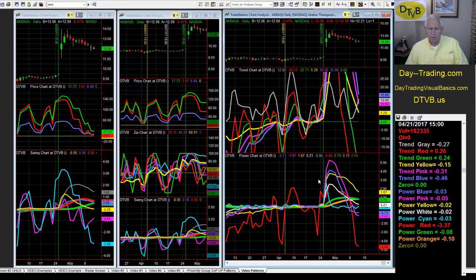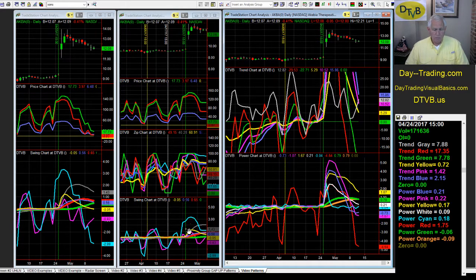So the location, the height of power red being at 1.75 at the same time the crossover occurred is key. Even though we didn't have a crossover in the power red, if the power red ended up at 0.2 instead of minus 0.2, we'd still end up with the same results, and that being we got at least the next few days of stagnant price movement.